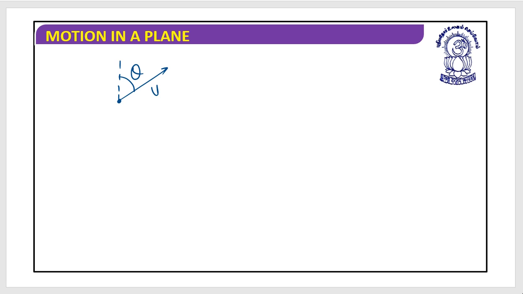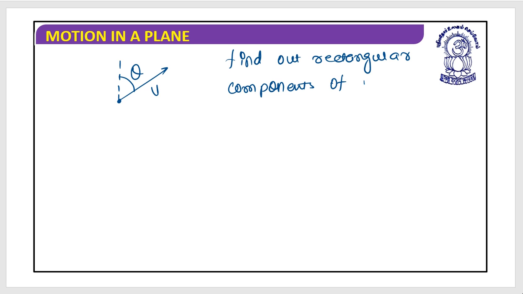Now we want to find the rectangular components of vector v.